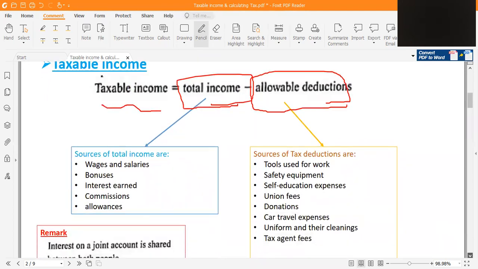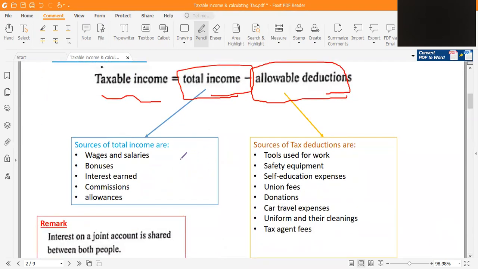The sources of total income are wages and salaries, bonuses, interest earned, commissions, and allowances. And tax deductions can come from different sources.